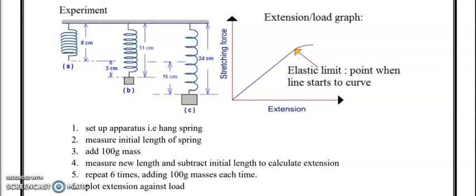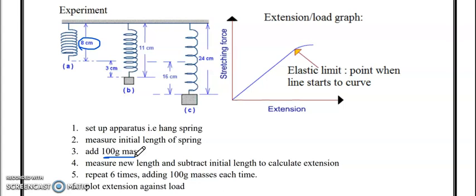Then we measure the initial length of the spring, which in this case happens to be 8 centimeters. After doing that, we add a 100 gram mass, and then we note the extension. The extension is calculated by subtracting the initial length from the new length. That's how we calculate extension.